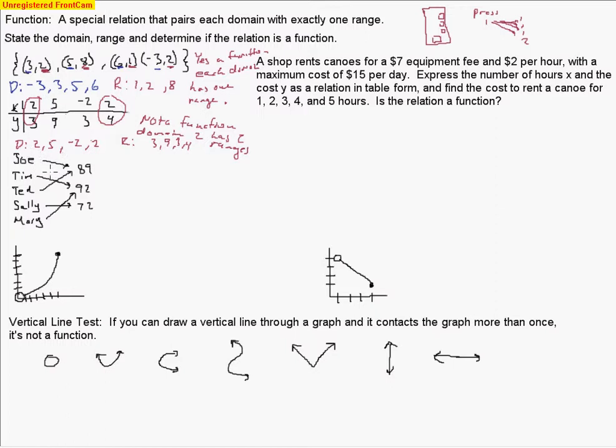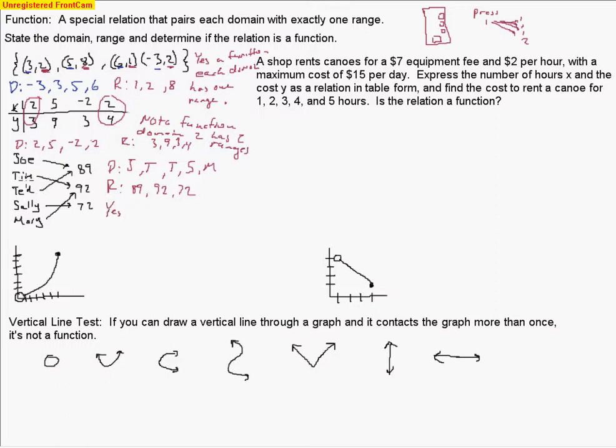A different type of example here. Here we have some mapping diagrams. So our domains are people this time. We got Joe, we got Tim, we got Ted, and we got Sally, and we got Mary. Those are our domains. Our range values are 89, 92, 72. Well, is this a function? We would say yes. The reason is none of the names repeated.